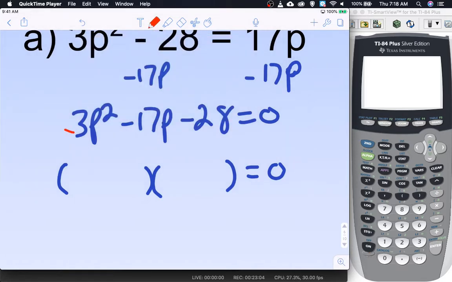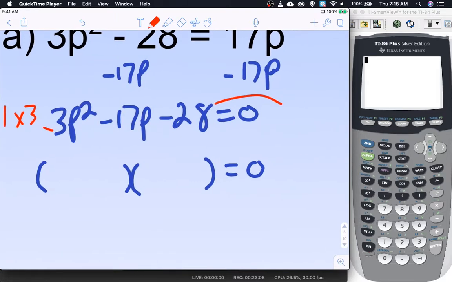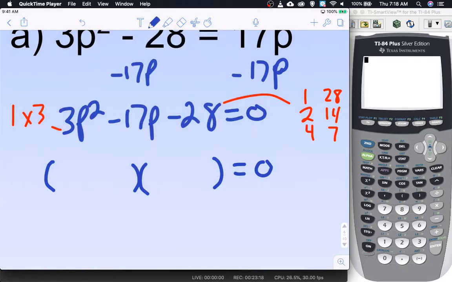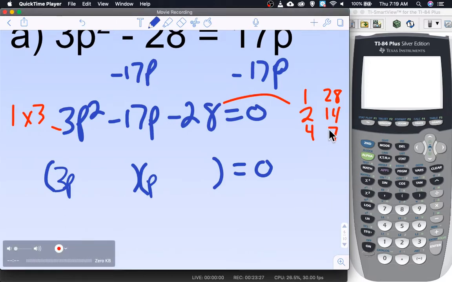Now this one is just 1 times 3. 28, we've got 1 and 28, 2 and 14, 4 and 7. So we got some factors to worry about there. So this one has to be a 3p and a p. I'm not really worried about him. Now I'd recommend trying the pair that's closest together first. Now, I think I see the right combination.